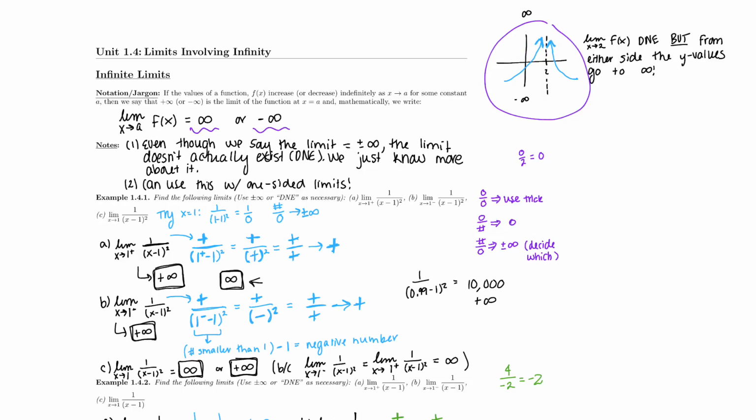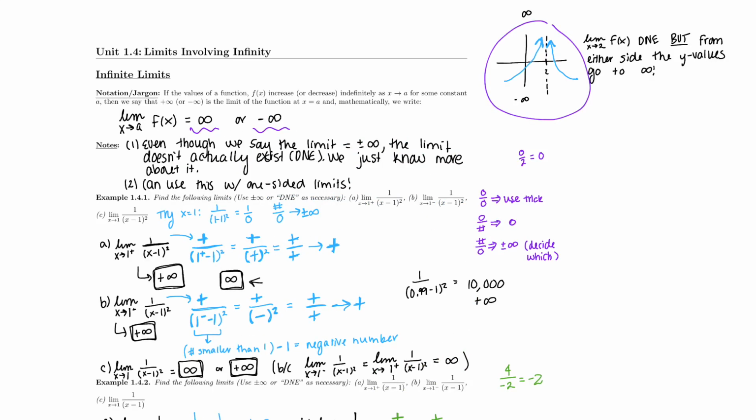But there's also another thing we can do where instead of this limit approaching a number, this limit could be approaching positive or negative infinity. That would be talking about what happens as the graph leaves the page, negative infinity being down this way, positive infinity being up this way.